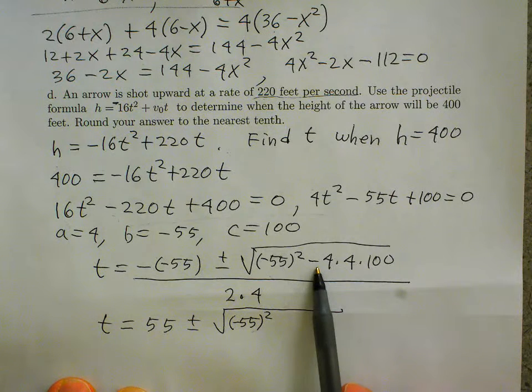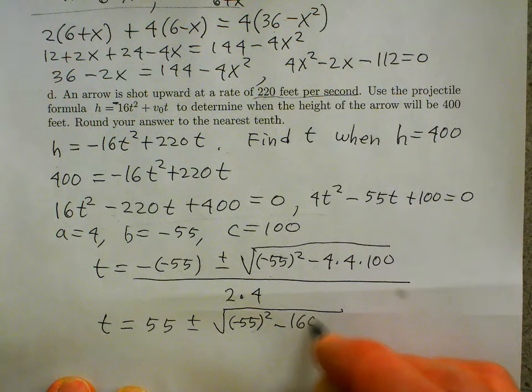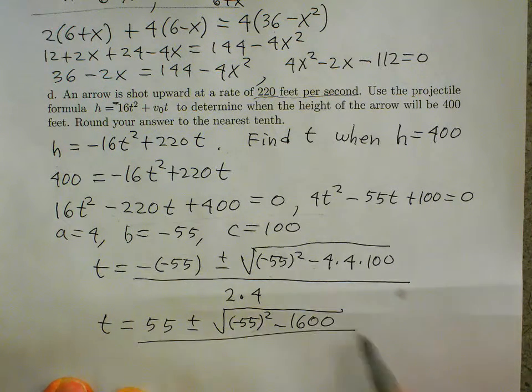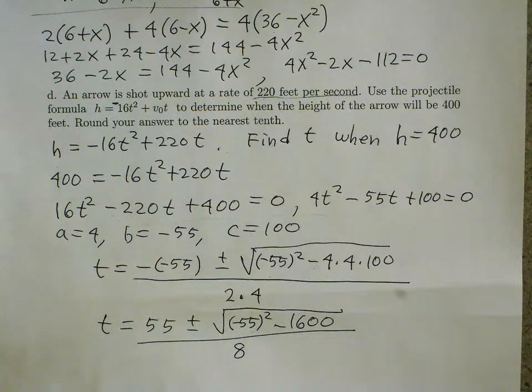I can do the next one. Minus 4 times 100 is minus 1600. And then divide all of that by 8. Okay, let's move on to the next part.